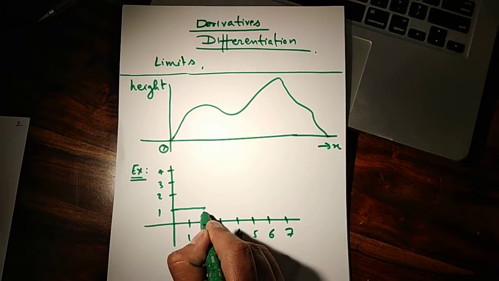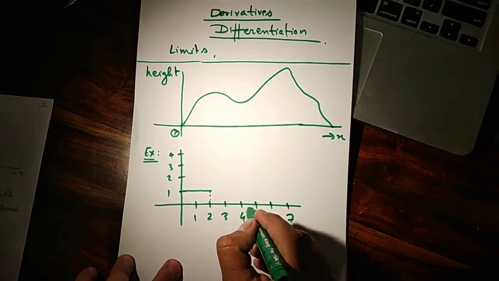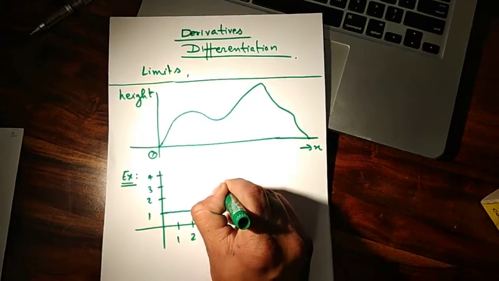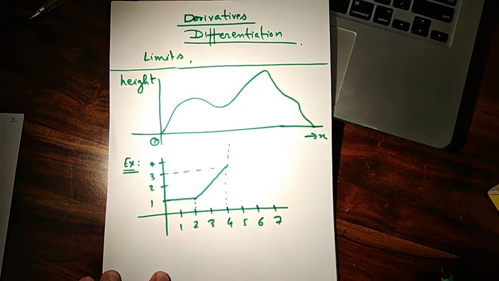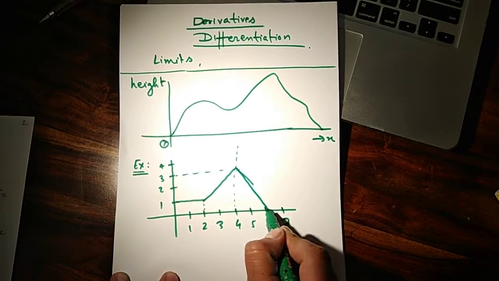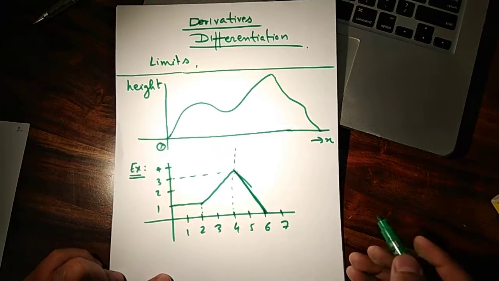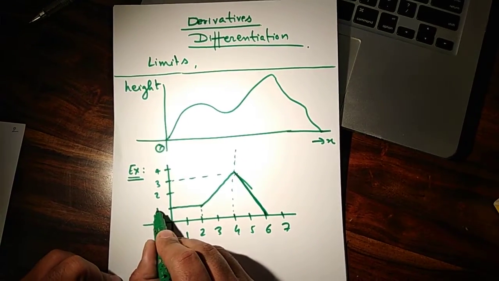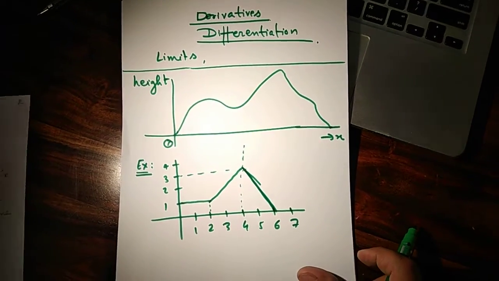It goes up to this place horizontally, then at 4 it acquires a value 3, then at 6 it falls down flat. Let's say this is your hill, which generally does not happen. You don't have such sharp things, but let's say this is.